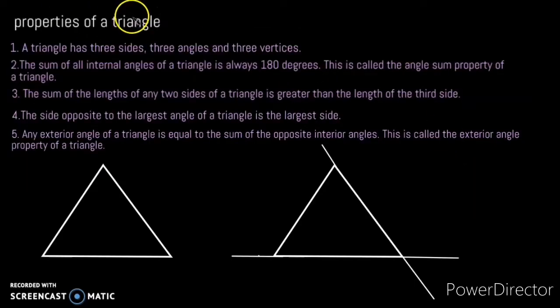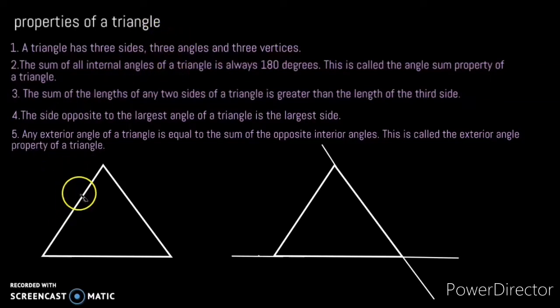Now that we've learned about the different types of triangles, let's learn about the properties of a triangle. The first one is that a triangle has three sides, three angles, and three vertices. This is something we've learned before, but let's recap.